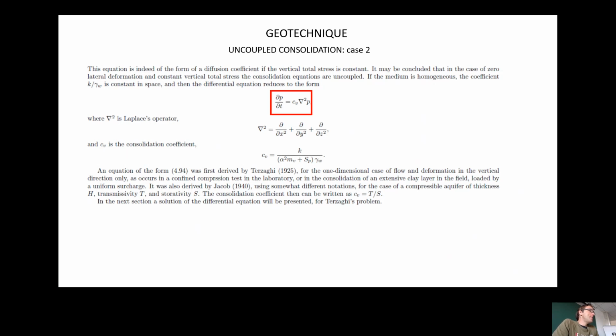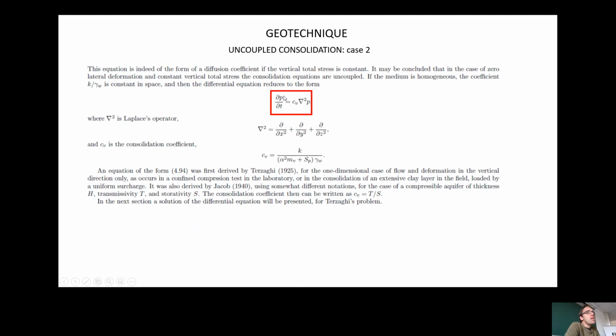Again, this is indeed of the form of a diffusion equation if the vertical total stress is constant. It may be concluded that in the case of zero lateral deformation and constant vertical total stress, the consolidation equations are uncoupled. If the medium is homogeneous, the coefficient k over gamma w is constant in space, and the differential equation can be reduced to this very simple relationship.